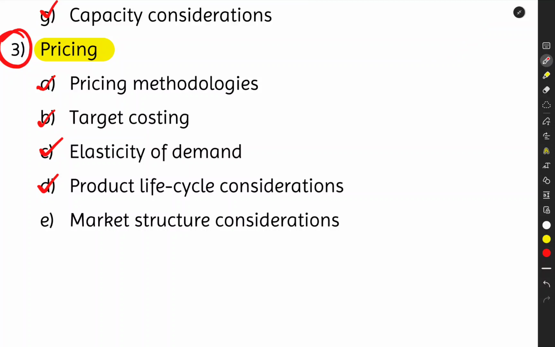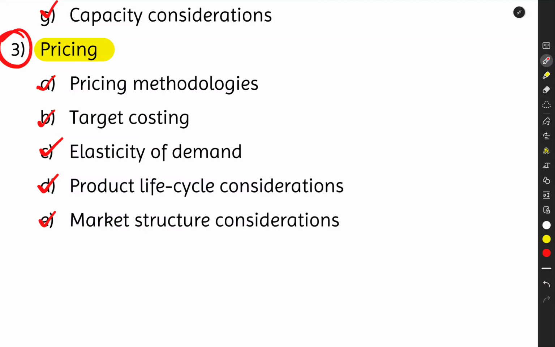And the last one is the market structure considerations. You might have heard of monopoly market, monopolistic market, oligopoly market, different types of markets you might have learned in your economics classes. So how the pricing decisions would vary depending upon the markets and the market conditions.